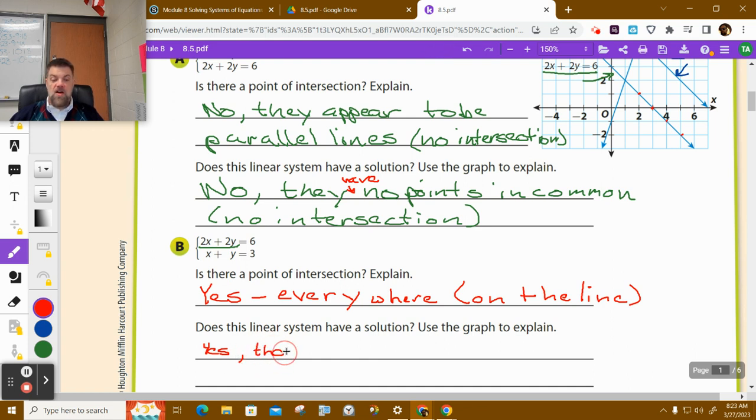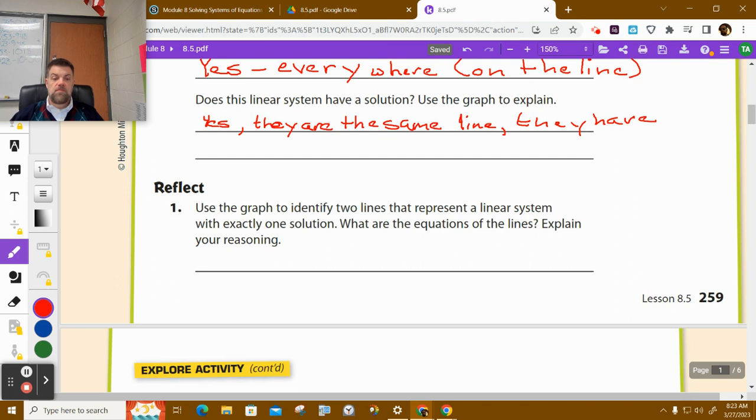And you could say they are the same line, and they have infinitely many points in common.